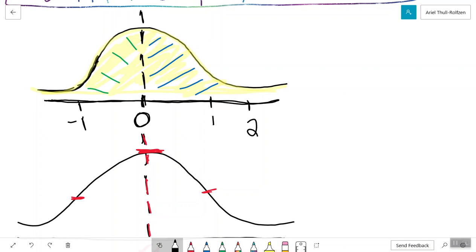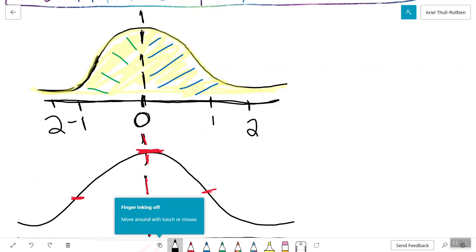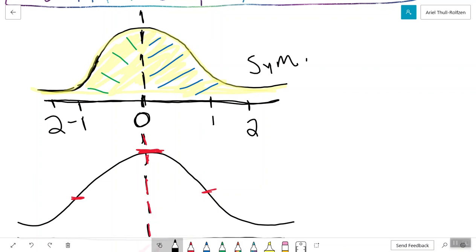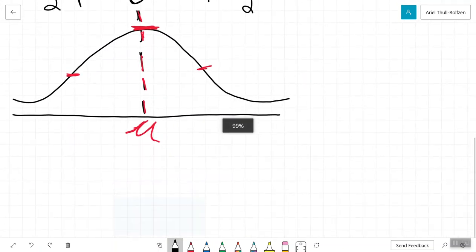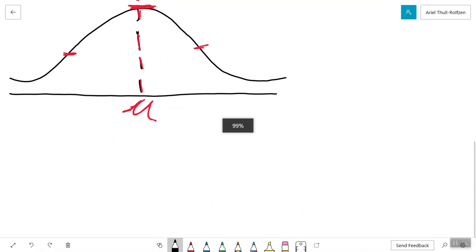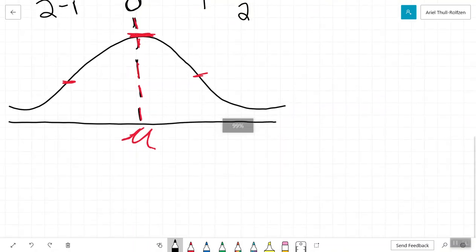If I were to put 2 and -2, my area is still going to be the same on either side of my bell curve. So we've established that the bell curve is symmetrical. And we came down here and said I can pull my mean out and put it in the middle of my bell curve, because most of my data is going to be surrounding my mean.